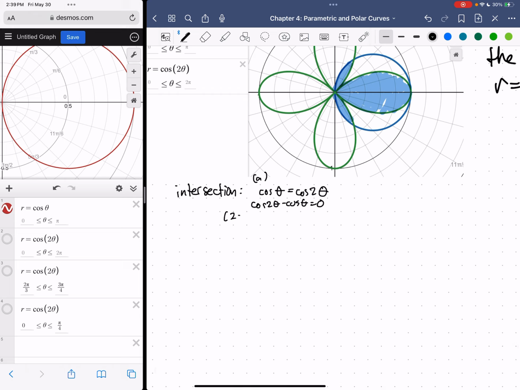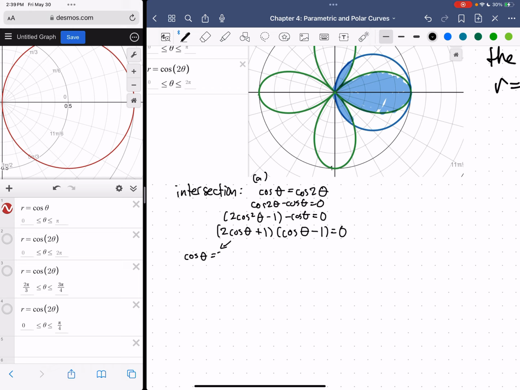We can write that as 2 cos squared theta minus 1 minus cos theta is equal to 0. And I'll factor this. It turns out as 2 cos theta plus 1 and cos theta minus 1 is equal to 0. Then, from this first factor, we get the solutions.